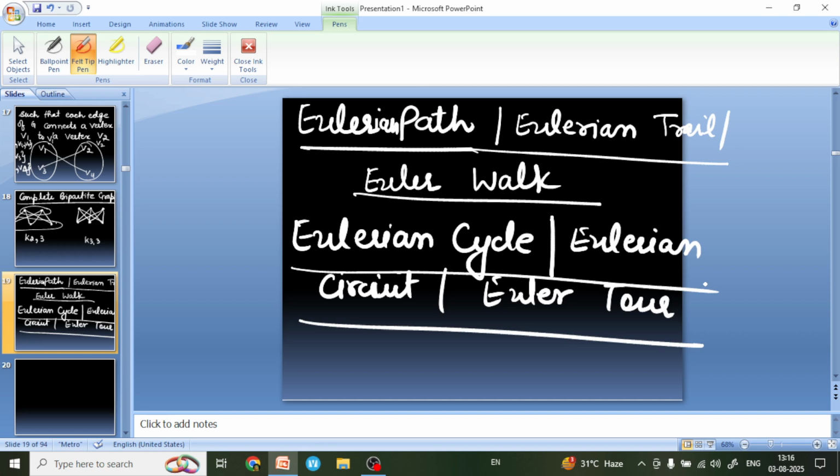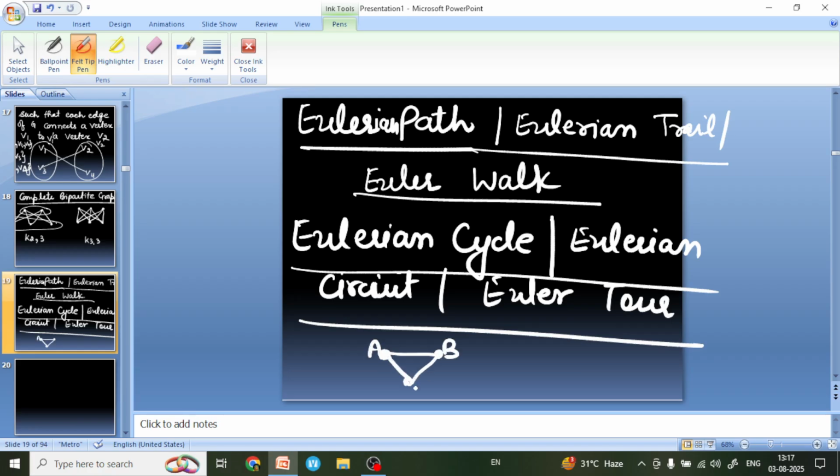It is a path through a graph in which the initial vertex appears a second time as the terminal vertex, means starting and ending vertex are the same.